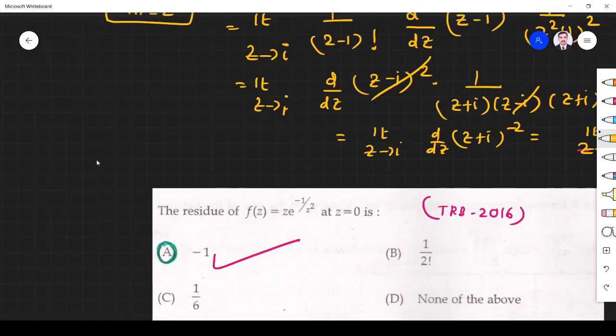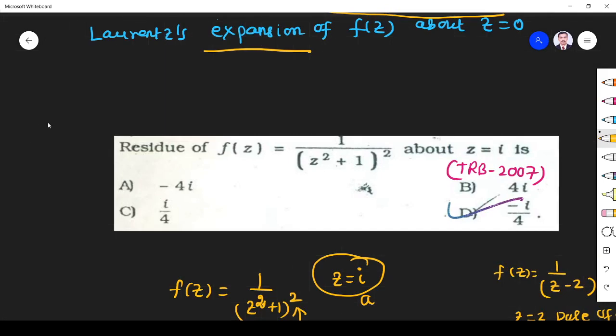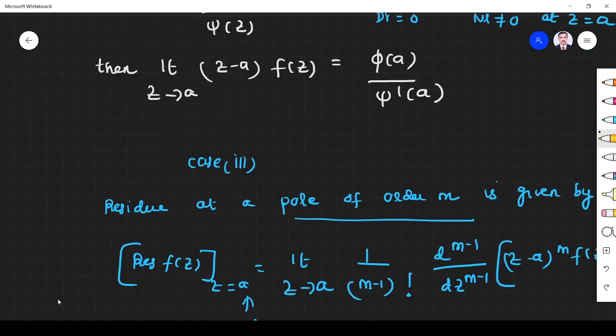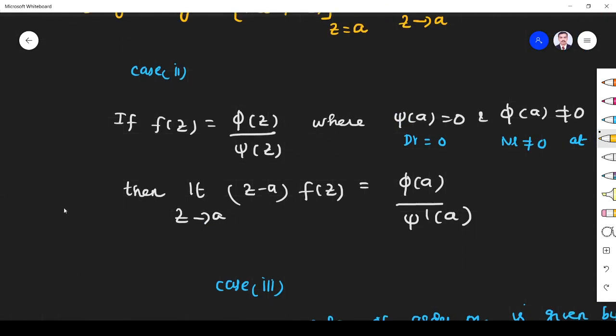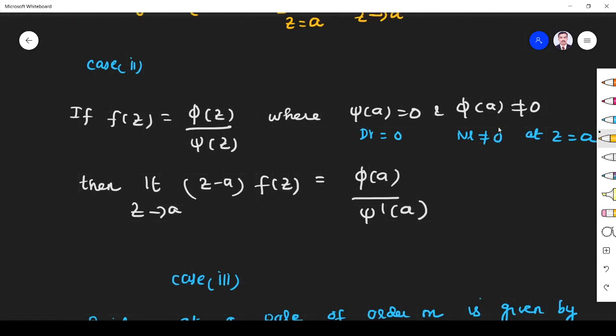Case 2: when the numerator is non-zero, phi of z, and the denominator is 0, what we have to do? We know z is equal to n pi there in our problem. a is a pole, so we have n pi as a pole. What we have to do? Keep the numerator as it is and substitute the n pi value, but differentiate the denominator and substitute the pole value, that is n pi.